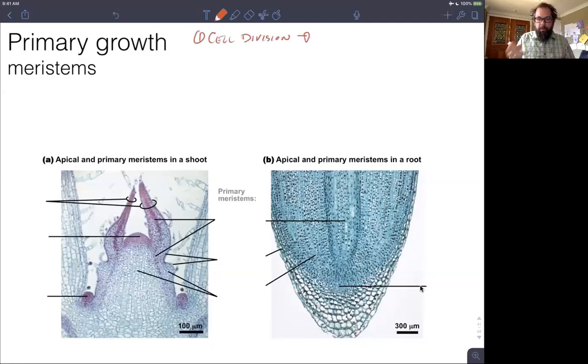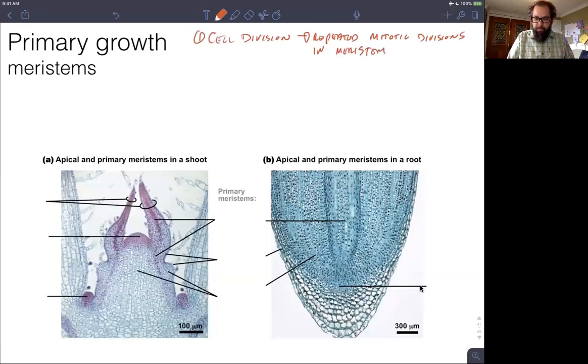And so when I'm talking about cell division in a plant, these are repeated mitotic divisions, mitosis, that happen in a meristem. All those cell divisions are in a particular part of the plant called the meristem, and we'll talk about the different types of meristems here in just a minute.